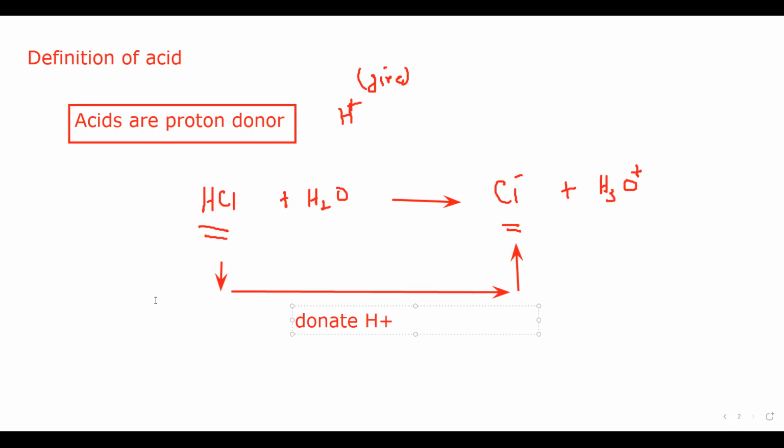So in this example, HCl is an acid. A substance which donates or gives a proton, we call that an acid. This is the basic definition of acid. So acids are proton donors. Is it clear? Is the first example for acid clear?